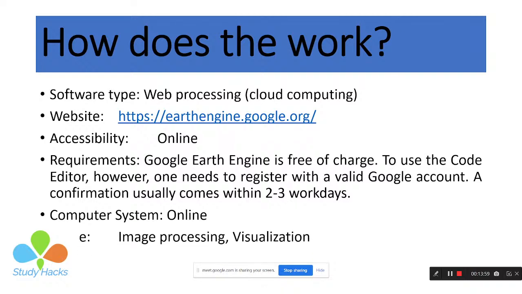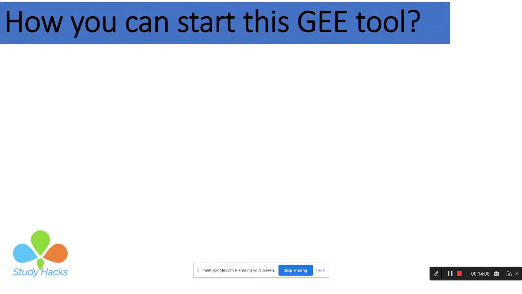Its main scope is image processing and visualization, and it works with raster and vector data. How you can start this tool, we already covered, and I also sent you a video guideline on how to register. I hope all of you have already registered with the Google Earth Engine platform.